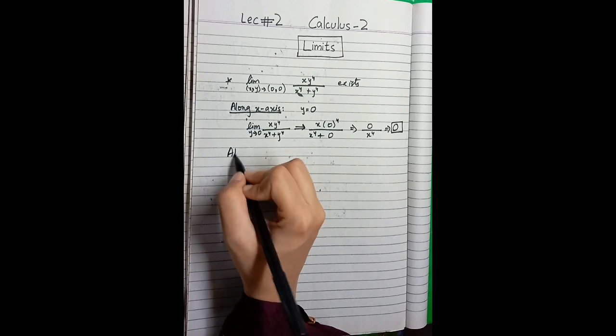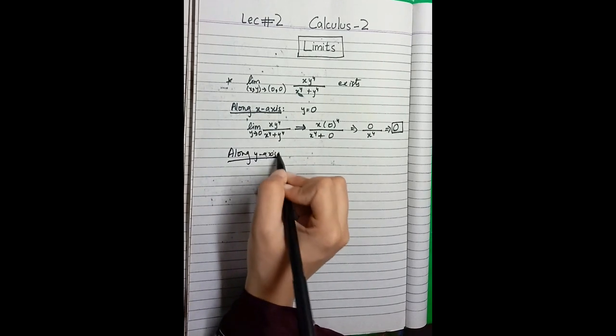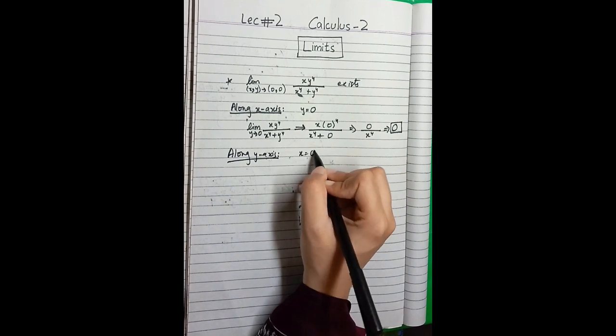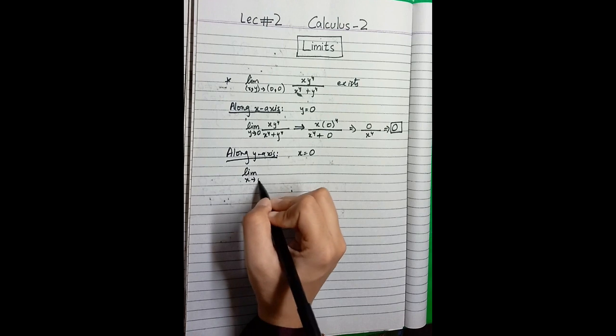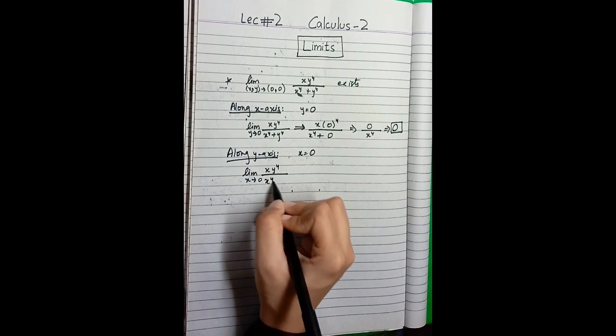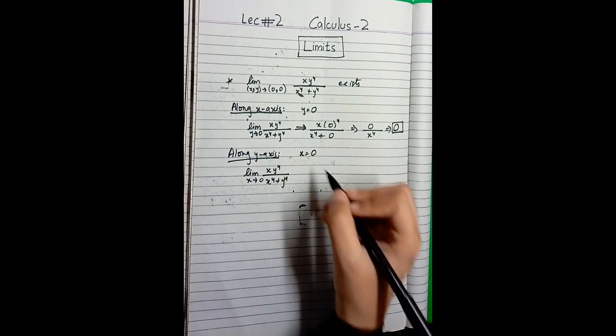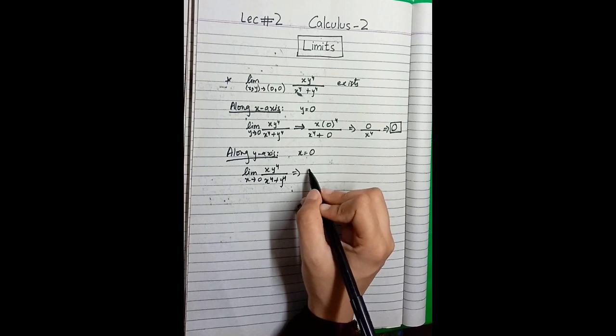Now along the y-axis we will take x equal to 0. So the same limit, x approaches 0. Our expression is xy^4 divided by x^4 plus y^4. Now we will put 0 in place of x and the y values remain the same.